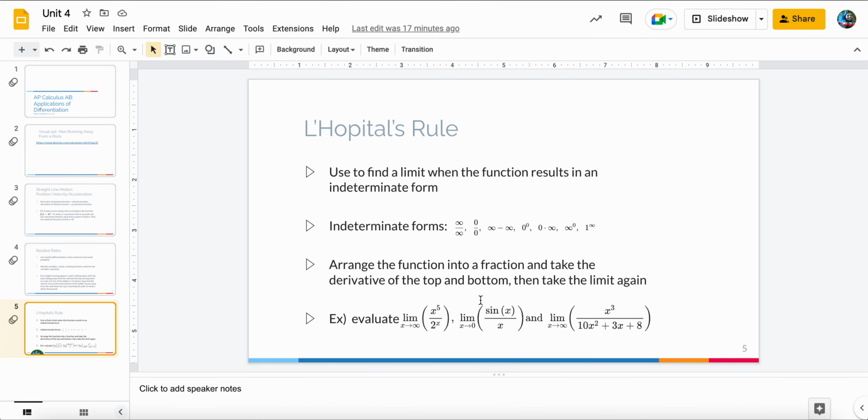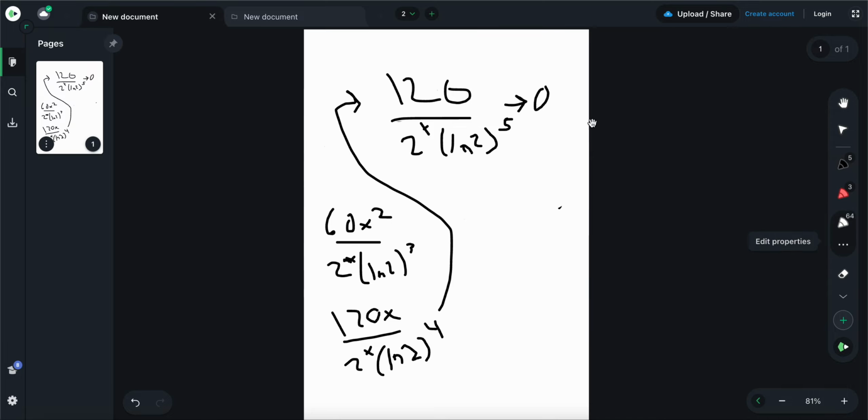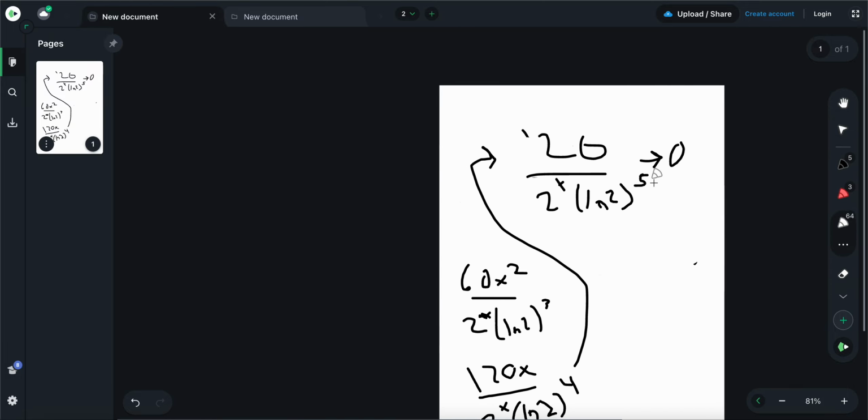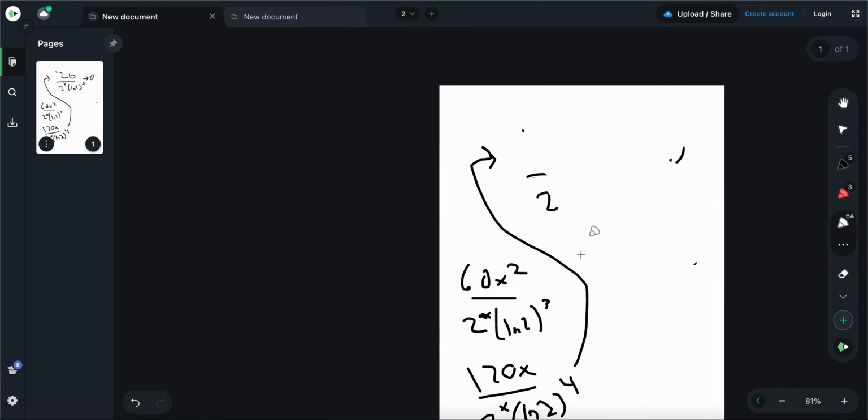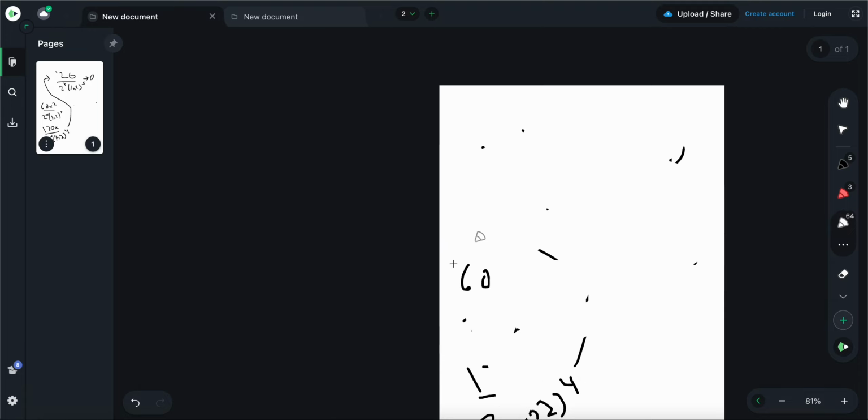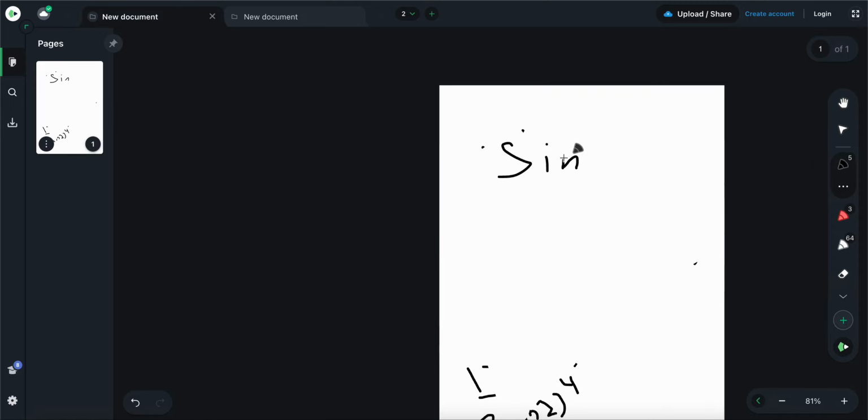We have the sine of x over x as it approaches 0.